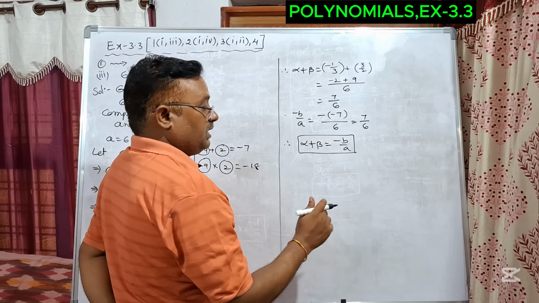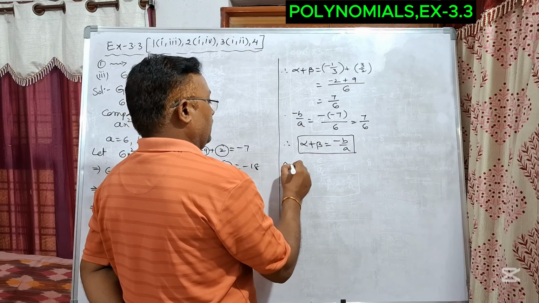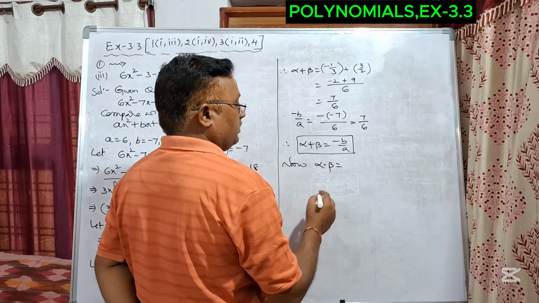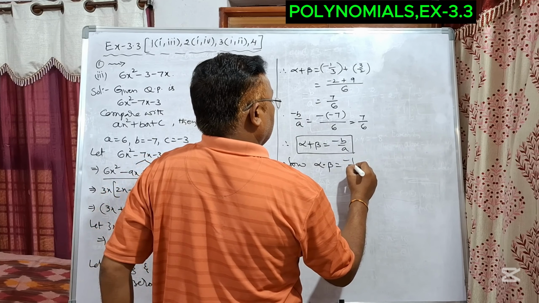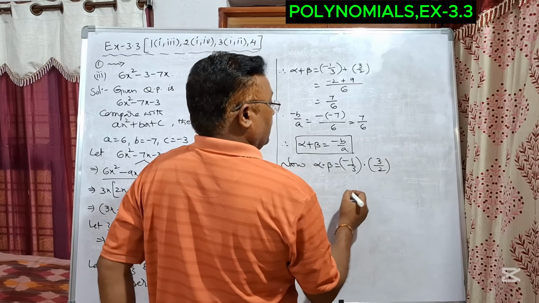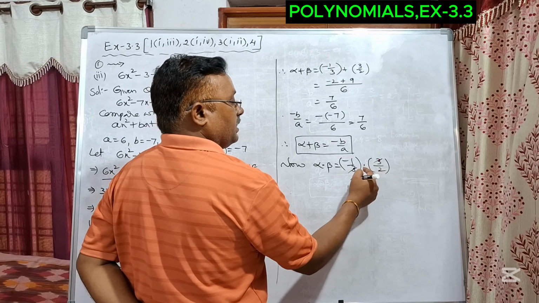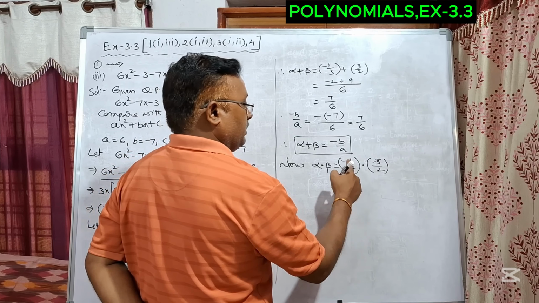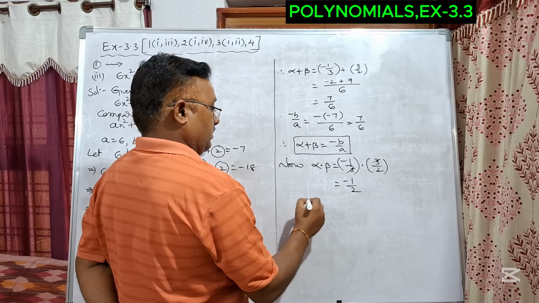Okay. In the same way, verify the second formula. Now, the product of the zeros, alpha into beta, equal to minus 1 by 3 times 3 by 2. Clear? Denominator 3 and numerator 3 under the multiplication get cancelled. This is equal to minus 1 by 2. This is the alpha into beta value.